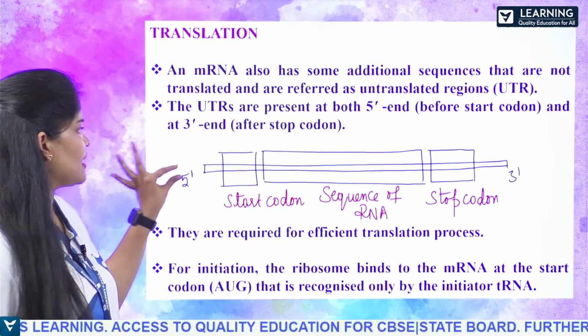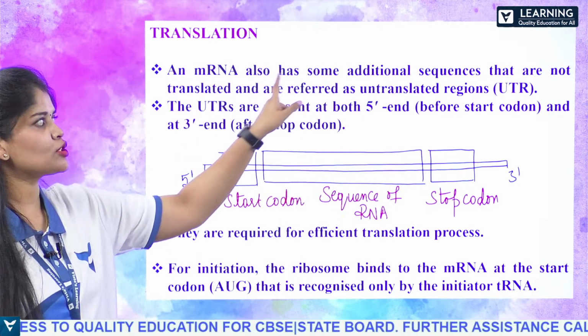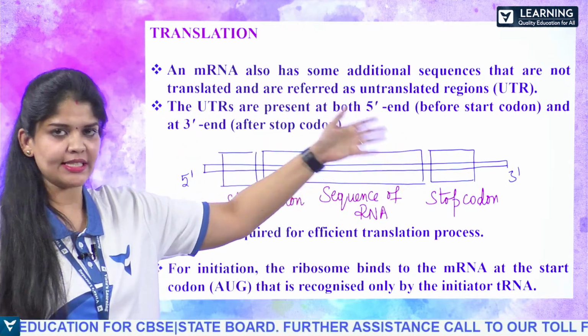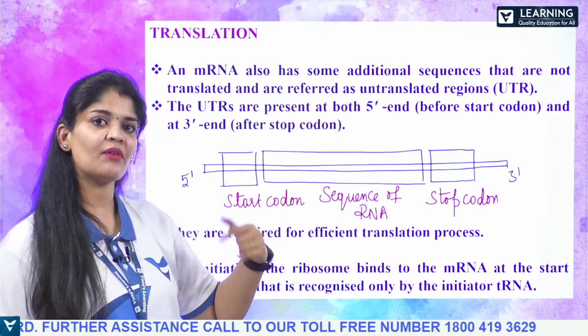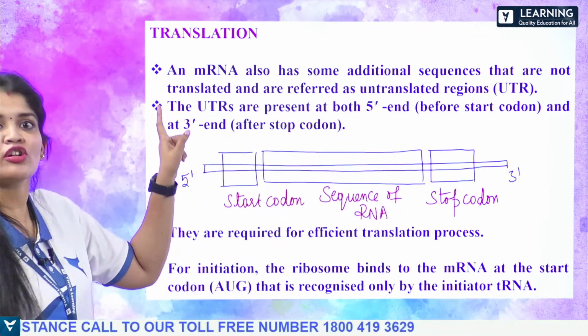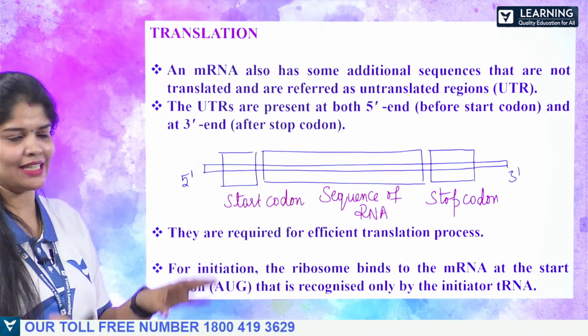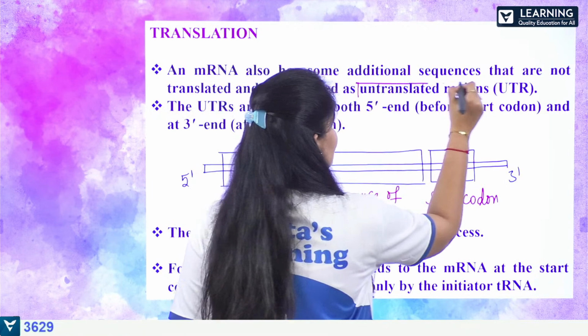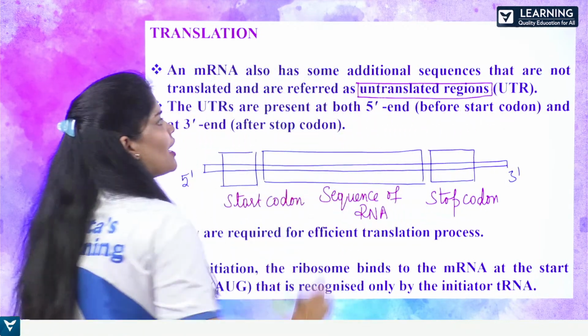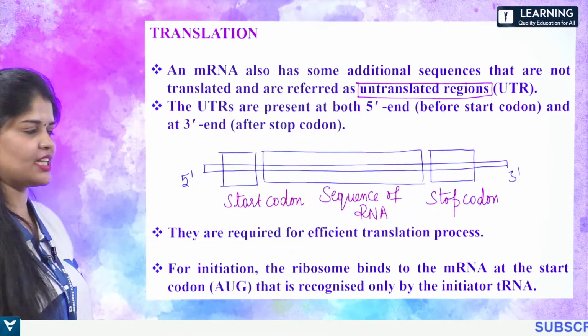So, this mRNA also has additional sequences other than the start codon, the sequence of the RNA and the stop codon. It has additional sequences that are not translated, referred to as untranslated regions, UTRs.